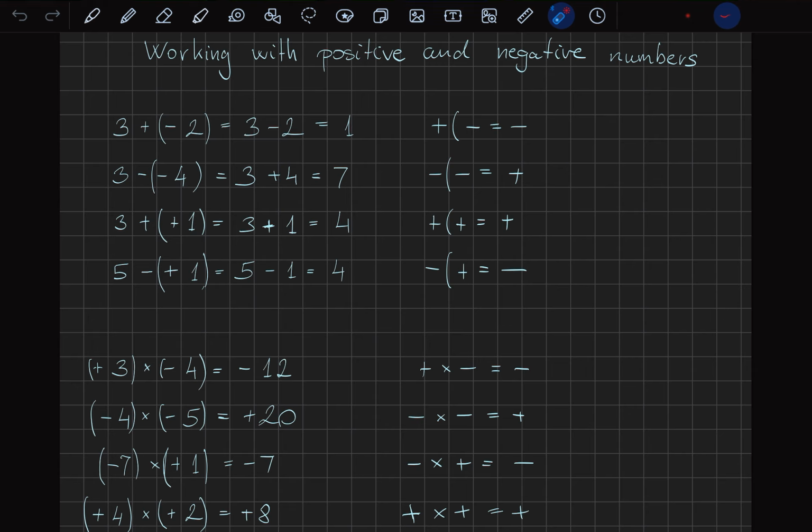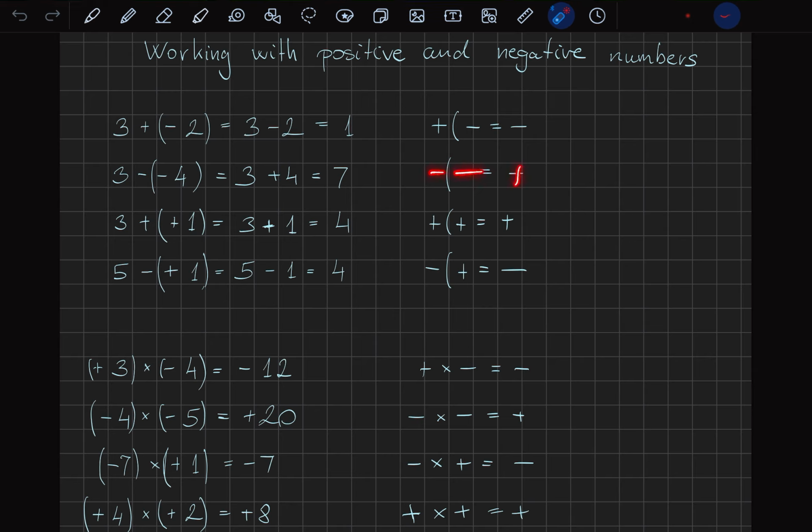So, 3 plus minus 2. If a plus and a minus sign meet next to each other or next to a bracket, it will be a minus sign. Okay? So 3 minus minus 4, or 3 take away minus 4.